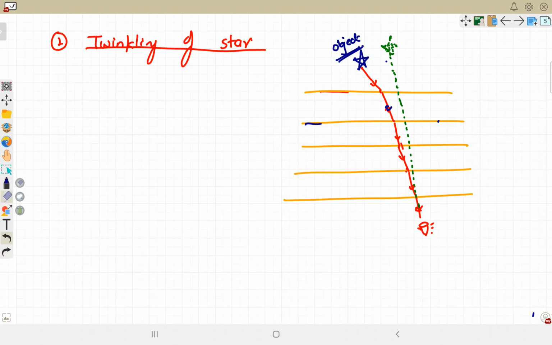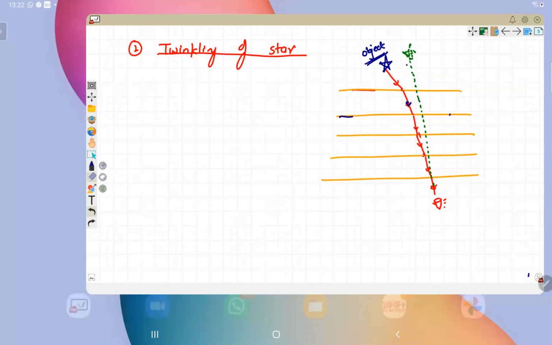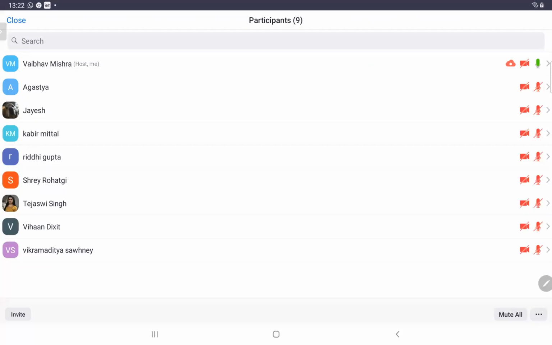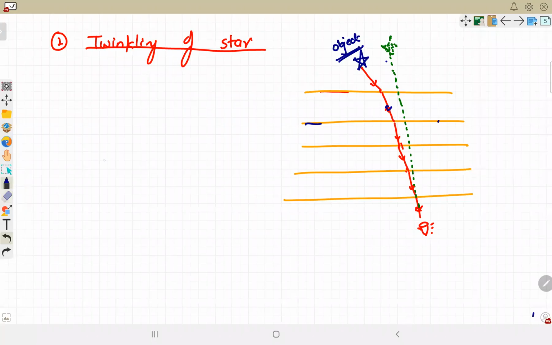So you can write it, because in the book it ends in one line and is not explained well. Okay, Riddhi, I think you got locked out or something. I asked a question, why do the stars twinkle? So this light ray coming from stars suffers multiple refractions, that's true, but how does it give the twinkling effect? Because these are the air layers.